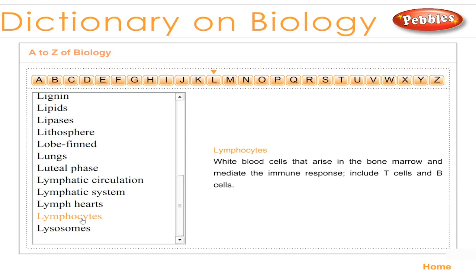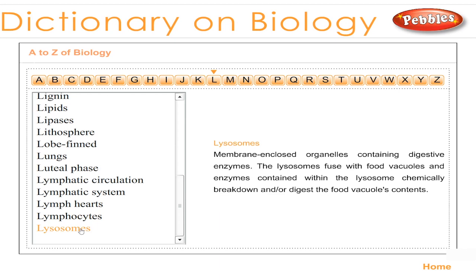Lymphocytes, white blood cells that arise in the bone marrow and mediate the immune system response, include T cells and B cells. Lysosomes, membrane-enclosed organelles containing digestive enzymes. The lysosomes fuse with food vacuoles, and enzymes contained within the lysosomes chemically break down and/or digest the food vacuole's contents.